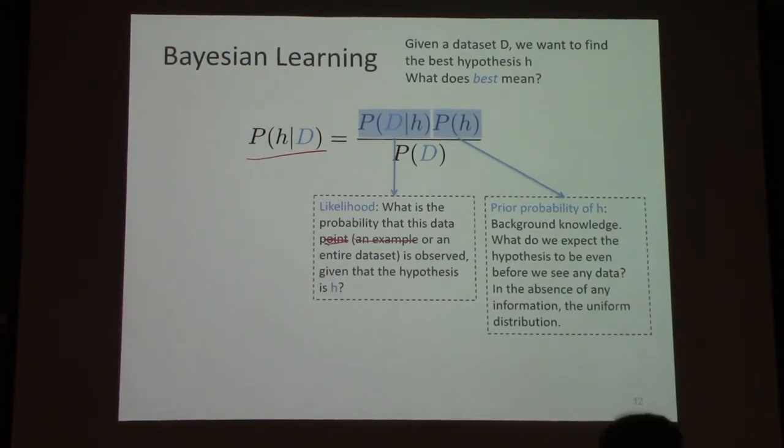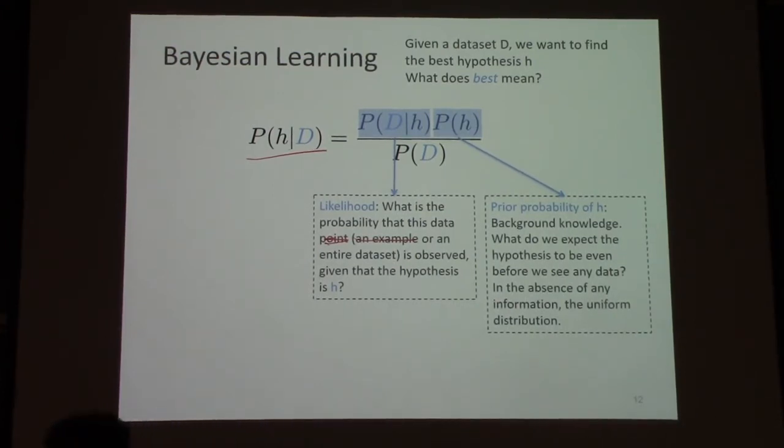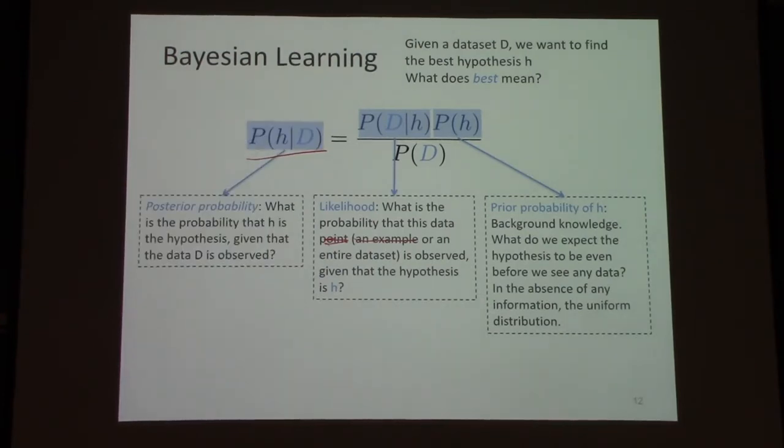And the likelihood is asking what is the probability that this particular data set was created by a classifier H. Bayes' theorem tells us the posterior probability, which is the probability that H is the true classifier for this data set. The posterior is proportional to the product of the likelihood and the prior.